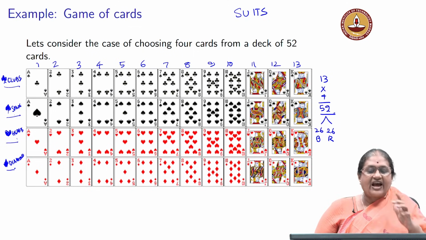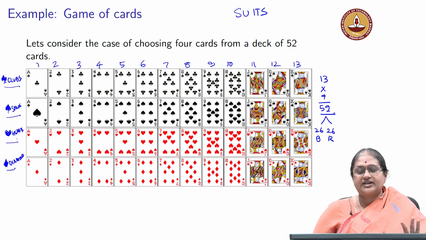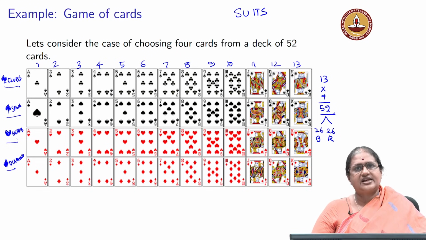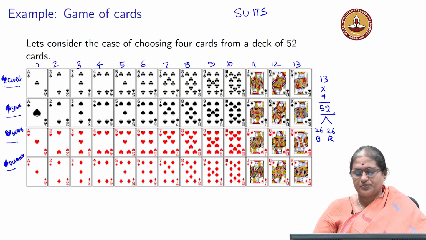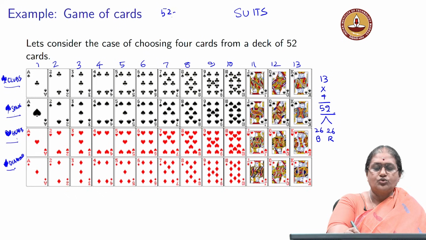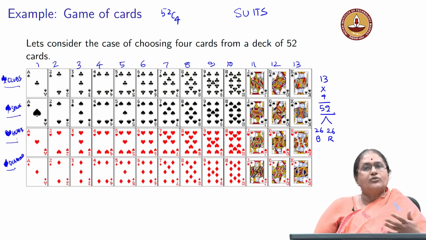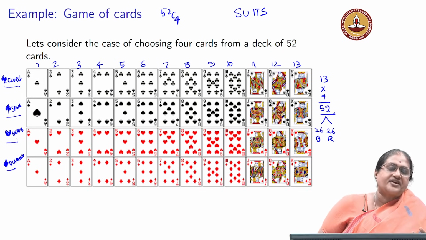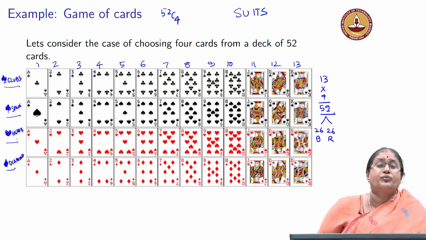Now, suppose I have to choose 4 cards from these 52 cards. I am not placing any other condition. How many ways can we do it? The answer is pretty simple. It is just 52 choose 4, because I am not qualifying what I require. I am not saying choose 4 red cards, or 4 clubs, or 4 spades.